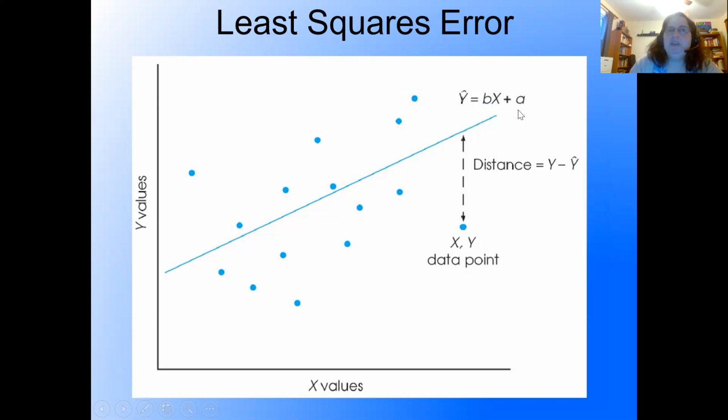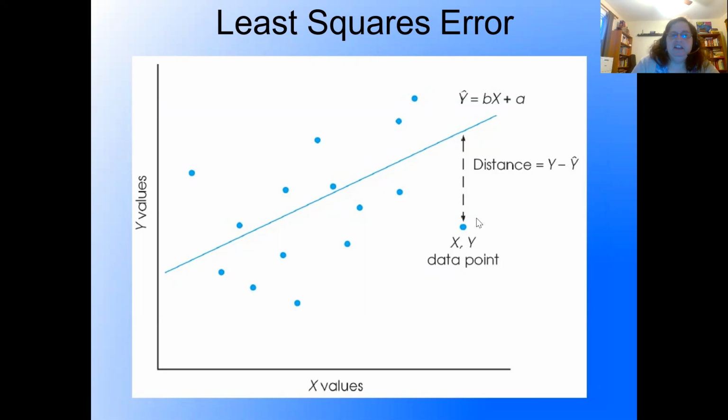So we're given the b, we're given the a. We choose an x. It could be all the way over here, 1, or it could be to the right, maybe a 5 or a 6 or a 9.